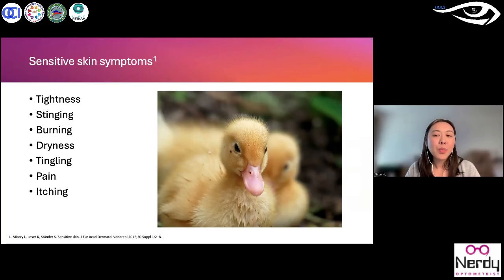So basically, this is the situation where patients present with symptoms but no real signs. These patients will complain of tightness, stinging, burning, dryness, tingling, pain, or even itching.